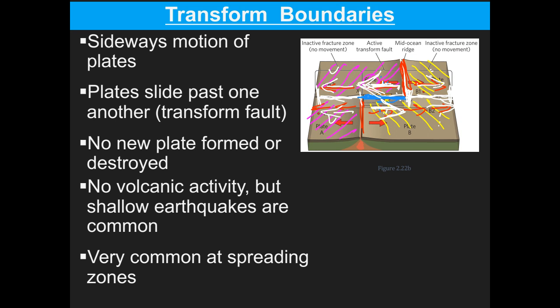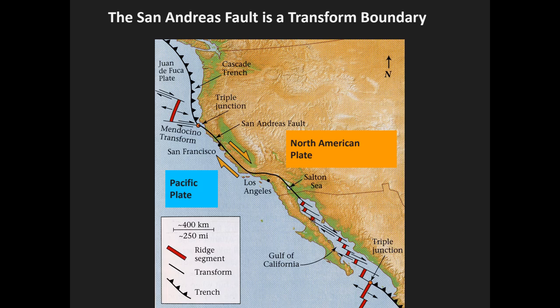And basically the transform boundary, you find them linked to divergence boundary, to the ridge. They split them. So the best example of a transform boundary is San Andreas fault right here.